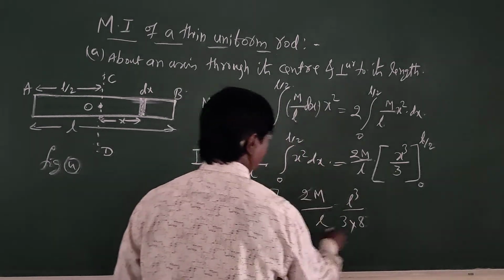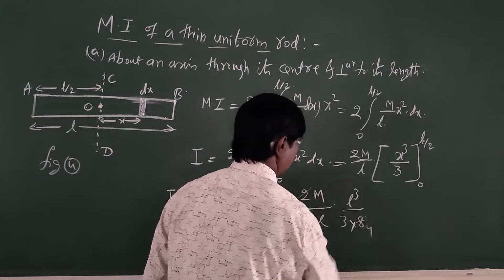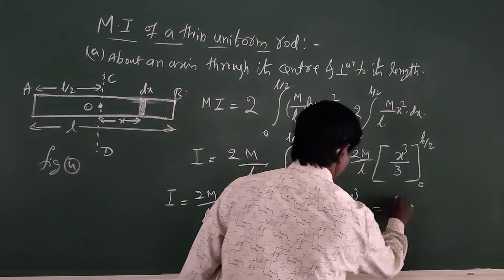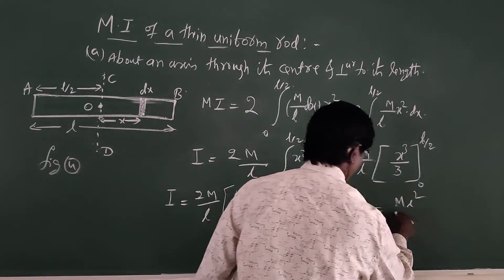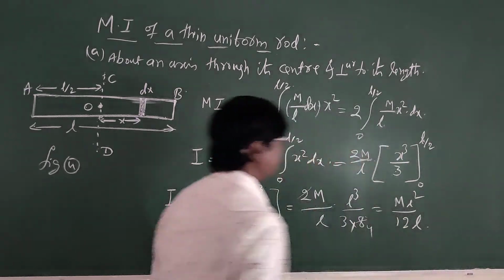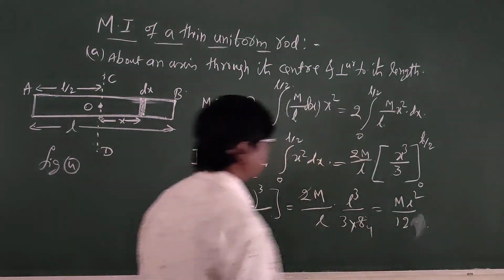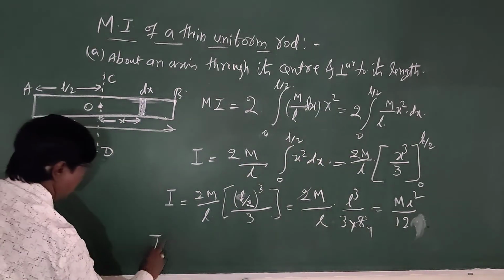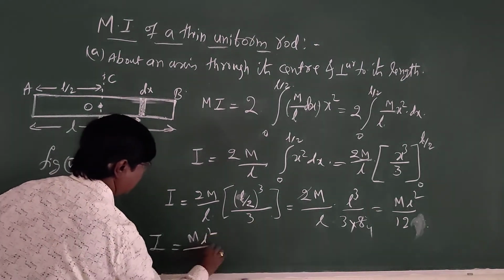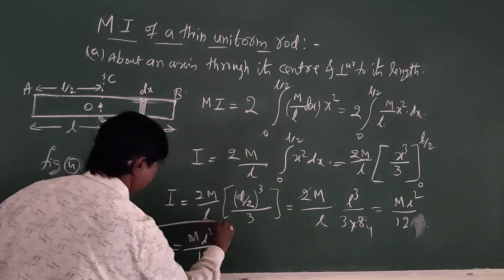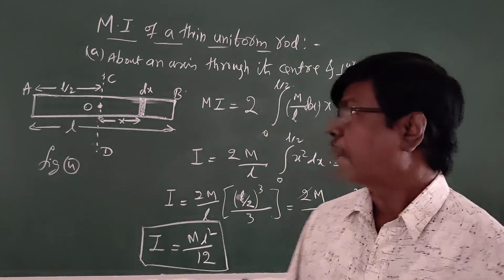Remove this 2, this becomes 4. This is L, this becomes L square. Then it becomes m L square divided by 3 fours are 12. Sorry, this L is removed. This is 12. Hence, the moment of inertia I is equal to m L square divided by 12, which is called the moment of inertia of the uniform rod.